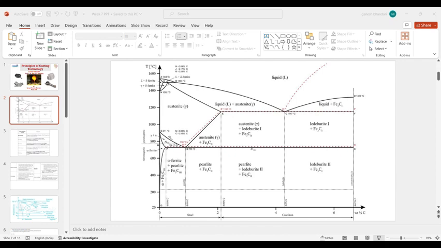Now coming to a different phase. When we talk about bainitic steel, that bainite phase is like the best phase of mild steel. It has very high toughness values.